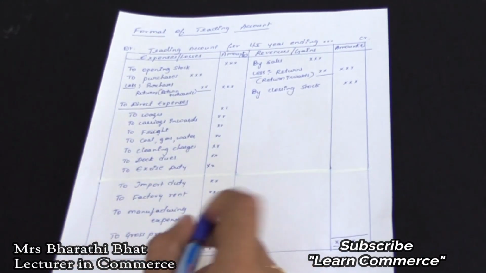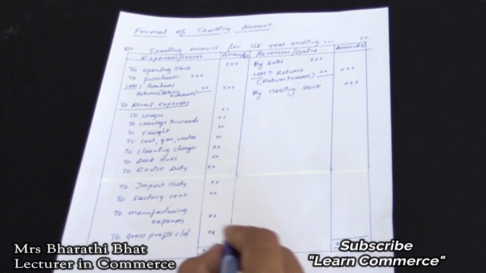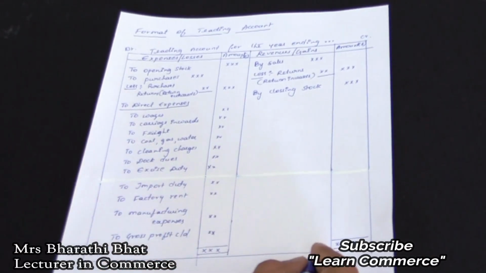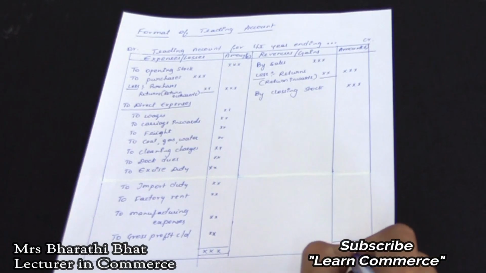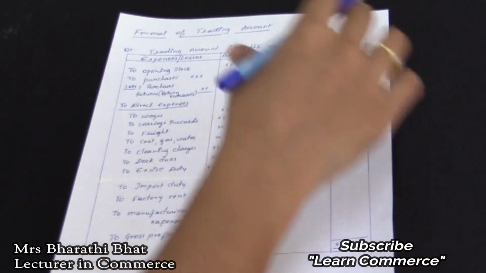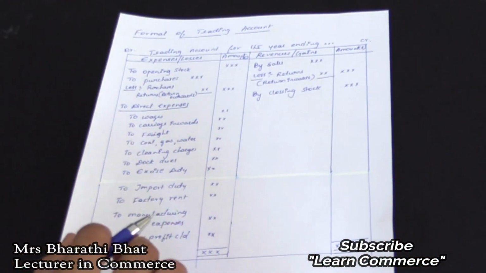There we record it as "by gross profit brought down". In this way we can prepare the trading account.